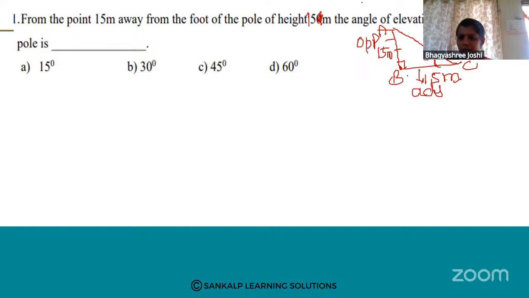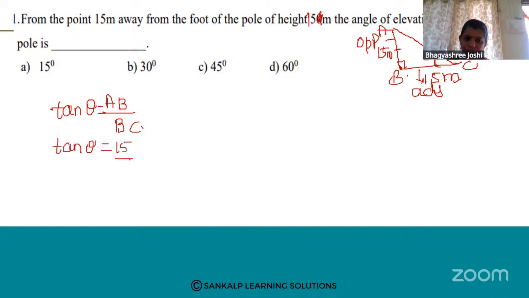We want the angle of elevation, and we know opposite side AB divided by adjacent side BC, which is the ratio tan theta. So tan theta is equal to 15 divided by 15. This is 15 meter and this is also 15 meter, so 15 divided by 15 is 1. That means theta is equal to 45 degree.